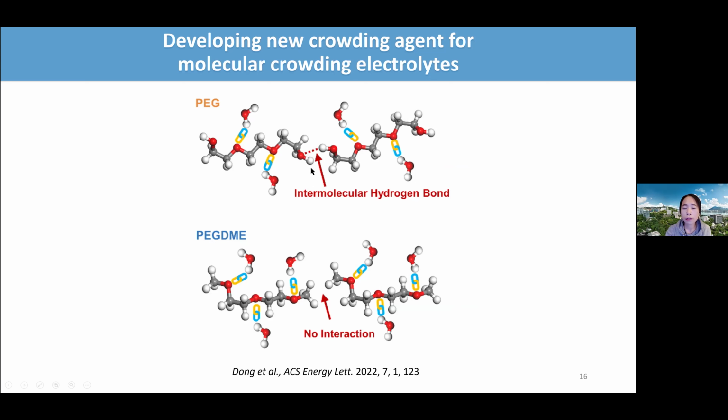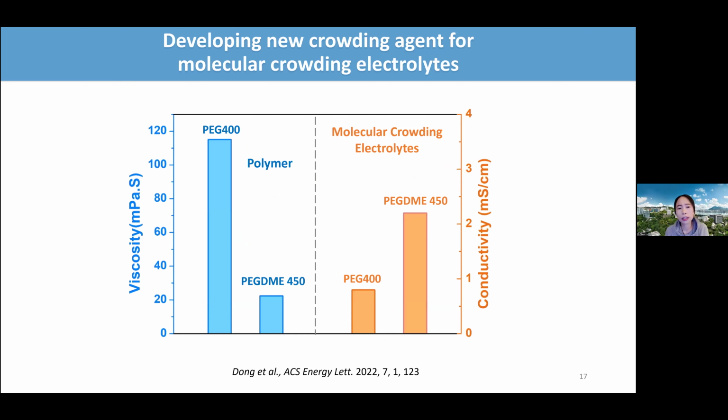So if we can remove such interaction and replace it with PEG-DME, in which the end group does not have the hydrogen bond interaction, this can significantly reduce the viscosity. And you can see from this measurement that the PEG-DME has a much lower viscosity compared to the PEG.